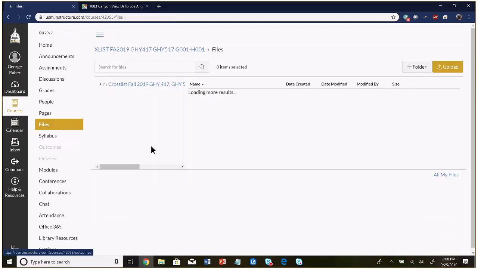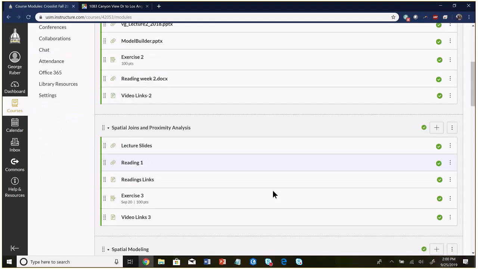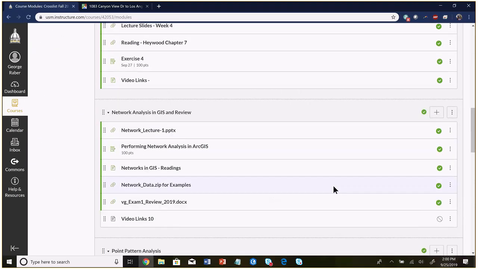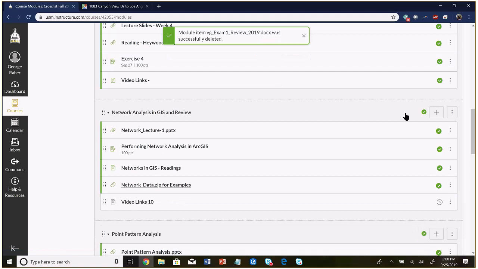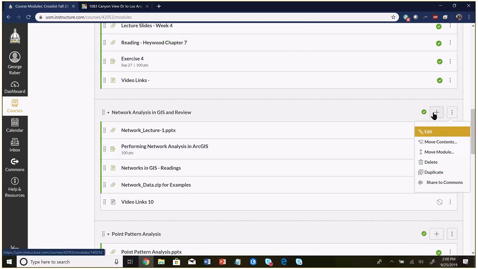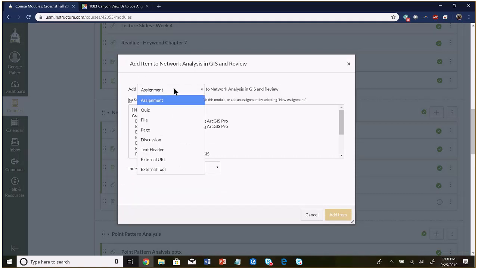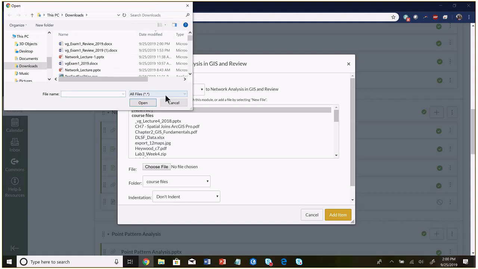So, modules. It's a good thing we're reviewing it. Remove. Plus. File. New file. Choose file.